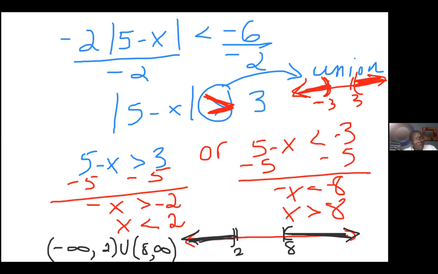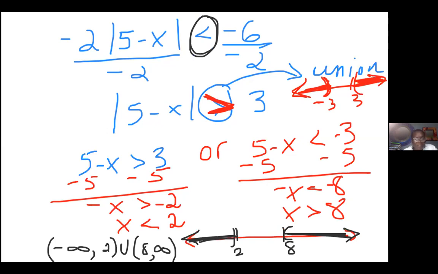Now, I wanted to show this one to you because I want you to understand, guys, when you're dealing with these problems, you need to have a pretty good idea of what you're dealing with, what kind of problem. Logically, you need to know what you're dealing with because this problem started out with less than. So if we were going based on the fact that less than represents an intersection, we would have gotten this problem wrong.